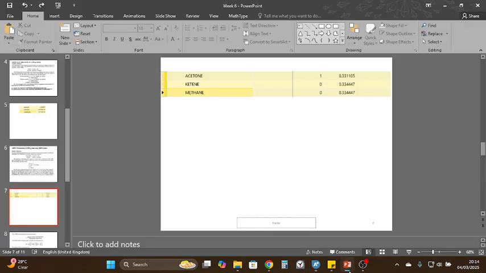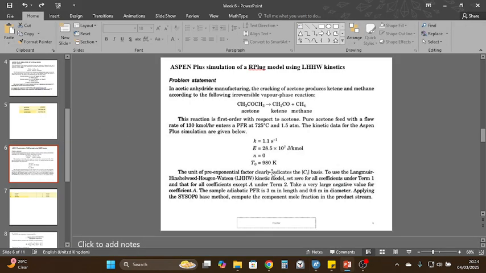Now, in the problem, it is given that this is the predominant reactant, or the only single reactant taking place in this catalytic reaction, right? So for that, the driving force has to be maximum. So we have set the acetone coefficient as 1 over here.